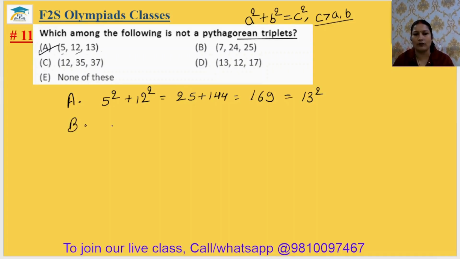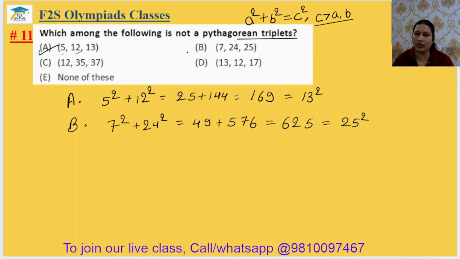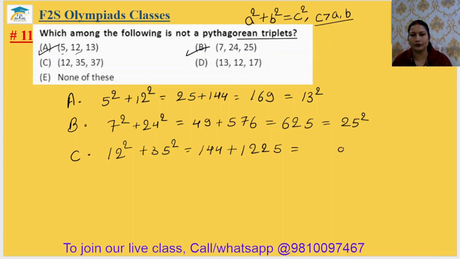Come to option B. 7 square plus 24 square equal to 49 plus 576 equal to 625, that is the square of 25. So yes, B is also a Pythagorean triplet as it is following the rule. Come to option C. 12 square plus 35 square is equal to 144 plus 1225 equal to 1369.